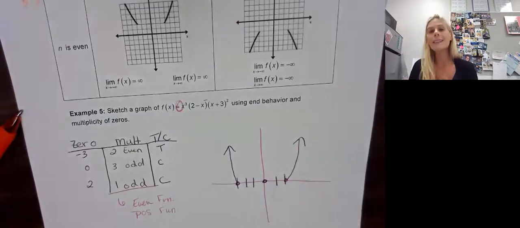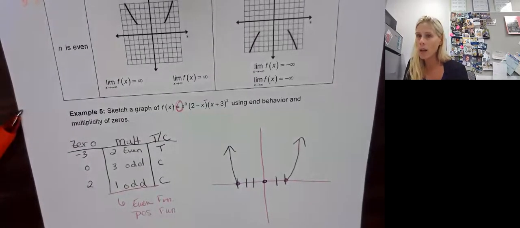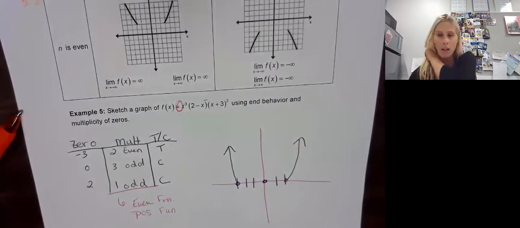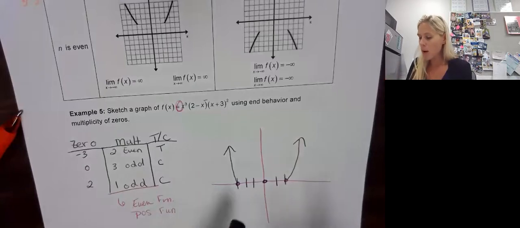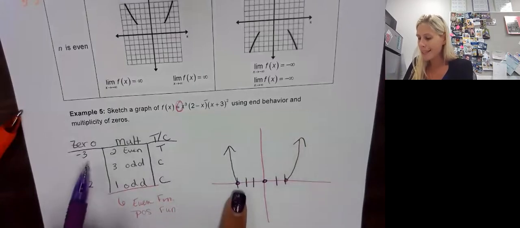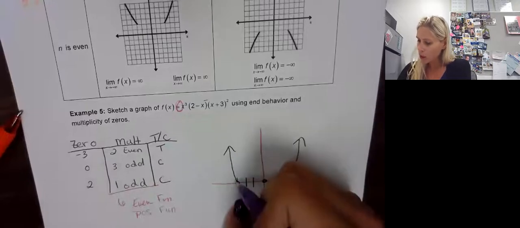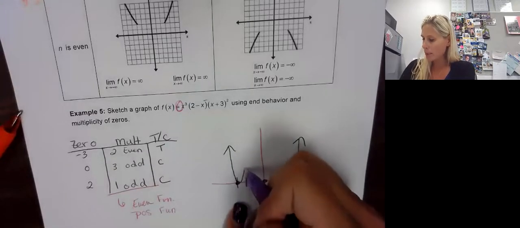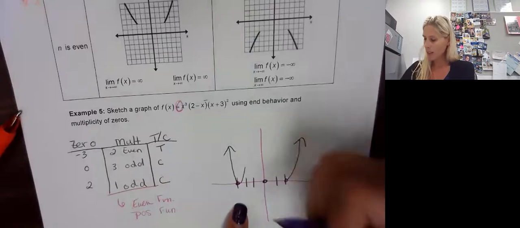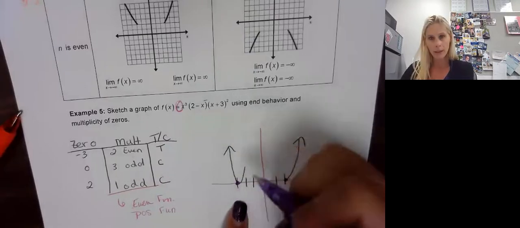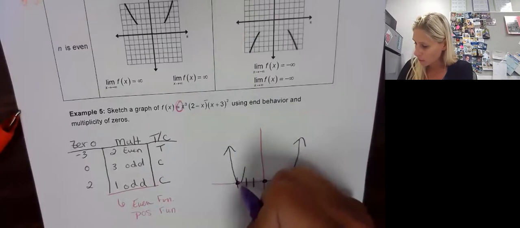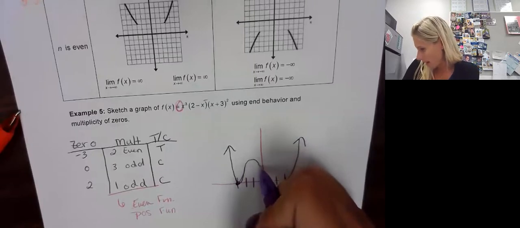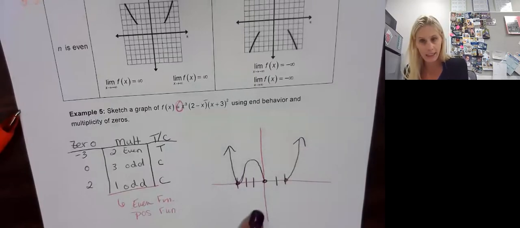Now, because it's a sketch, I do not need my y-axis, all those units there. So I'm going to go one by one. -3 is touching, so since I touch, I bounce back. If I went down here, it would cross. So at 0, I touch and then I come back to that 0.